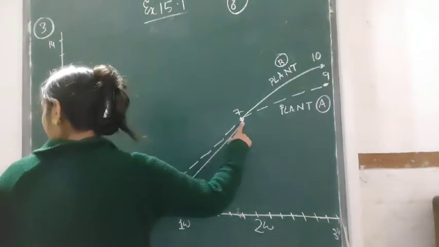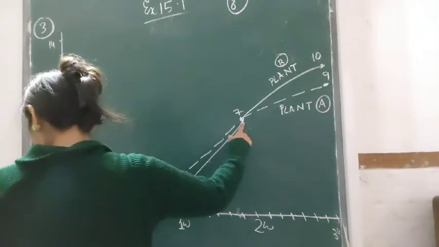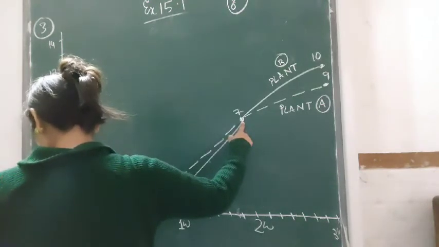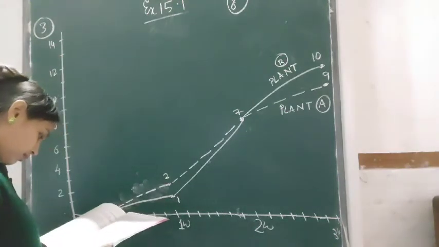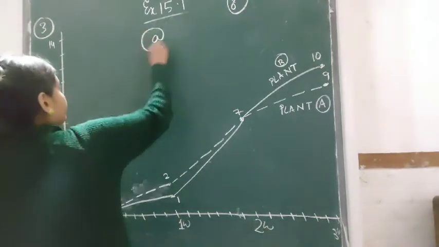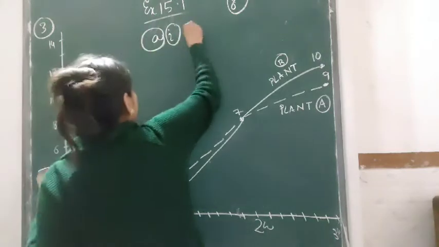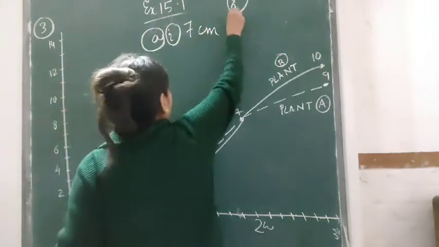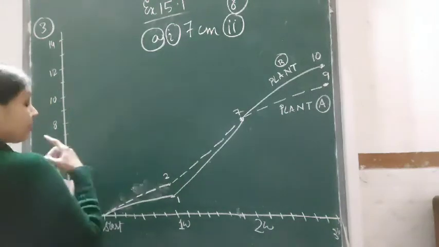And the height is how much? Is it in centimeters? I have turned the page. Yes, it is in centimeters. So for question A, the first one, it is 7 centimeters.